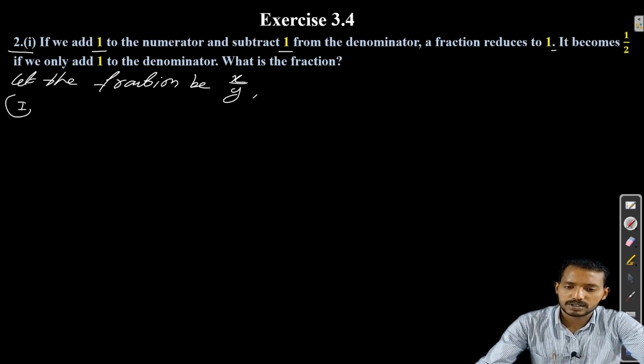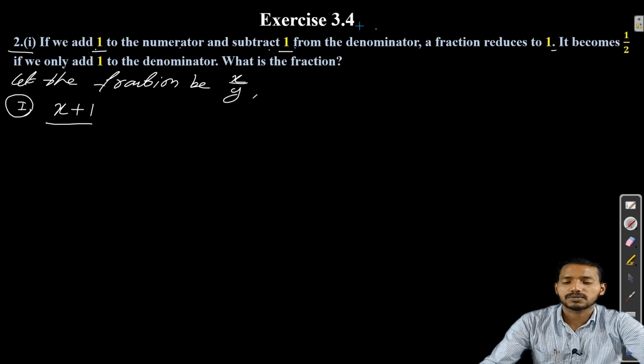According to the first condition, if we add 1 to the numerator, that is x plus 1, divided by subtracting 1 from the denominator, that is y minus 1, the fraction reduces to 1.